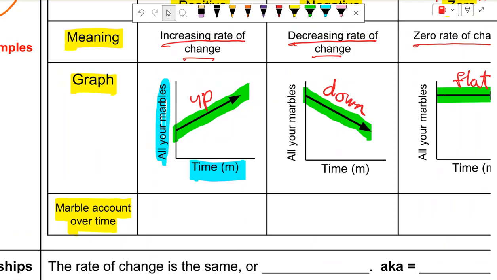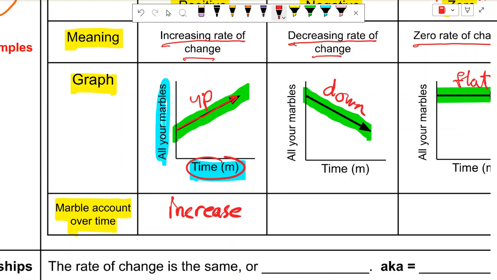So let's take a look at what this means. Over time, the marble count is moving what? Up. So you're increasing your marbles. So you have an increase in brain capacity or brain power.